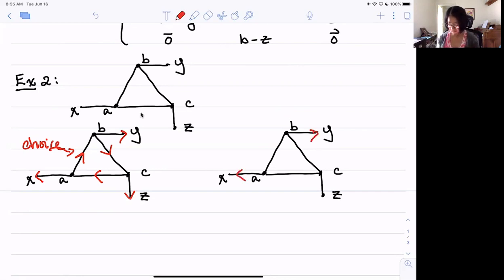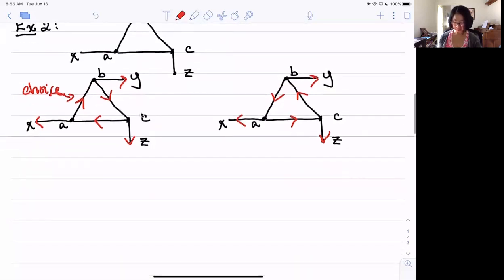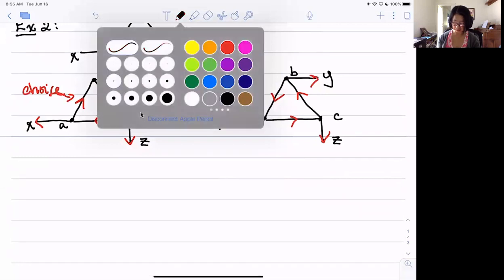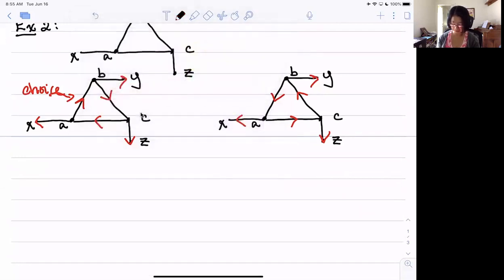The other way of doing it, I would make the opposite choice for AB, which forces me to make the opposite choice for BC, and that forces me to make the opposite choice for AC. So I have 2 ways of orienting this graph. And the rigidity matrix this time looks like A minus B, B minus A, 0.